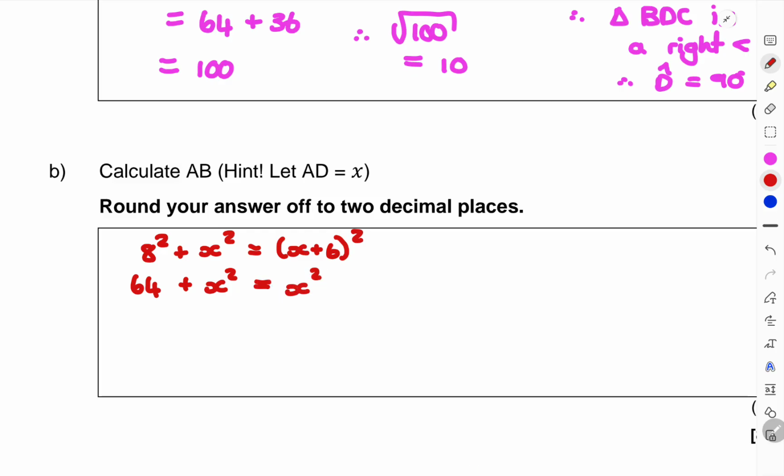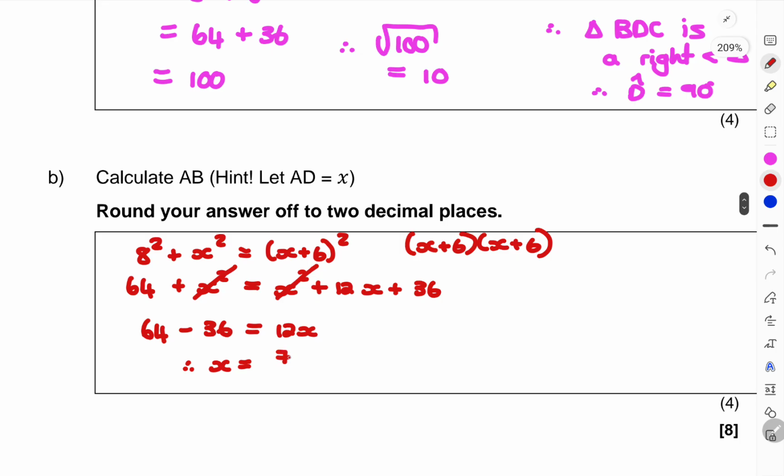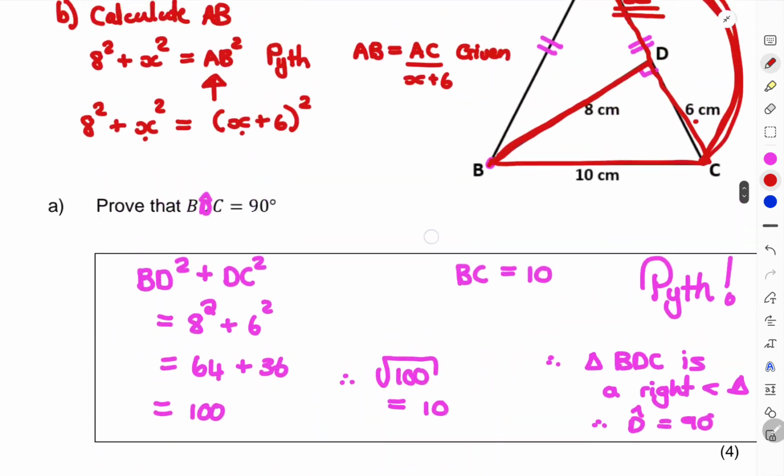If you double up that bracket and FOIL out, you'll get x squared plus 12x plus 36. Now x squared and x squared, if you take it over, will fall away. And then you're left with 64 minus 36 is equal to 12x. Thus, x is equal to 7 over 3.